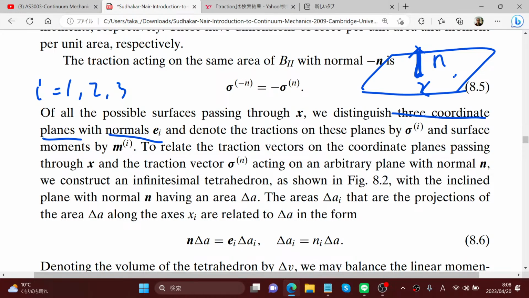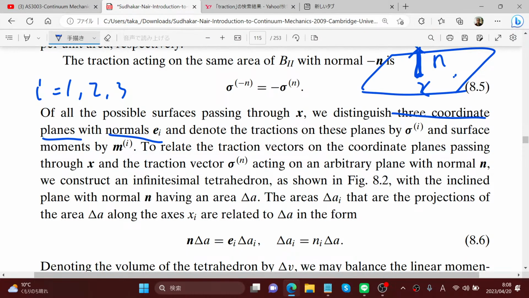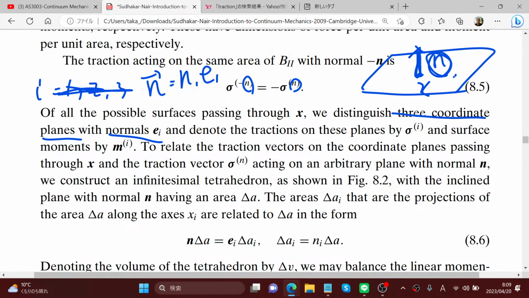I'm not pretty sure. There is only one plane, and I think what we can specify is the normal. Then you can say this normal vector is n1 e1 plus n2 e2 plus n3 e3, right?